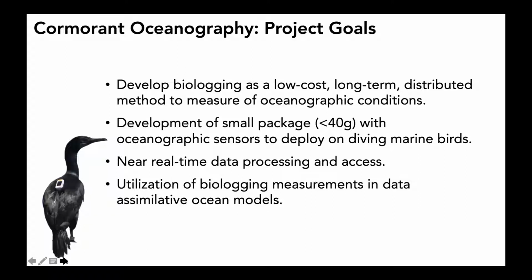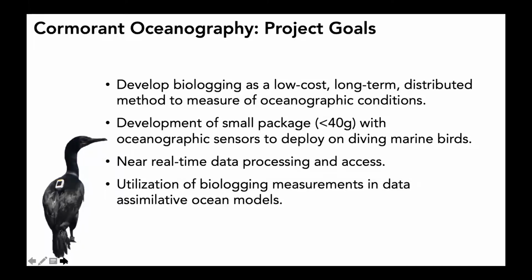The data from these tags needs to be accessible in near real time, so it can be processed and then accessed and used in models. As part of our project in particular, we are using the data in assimilative ocean models.